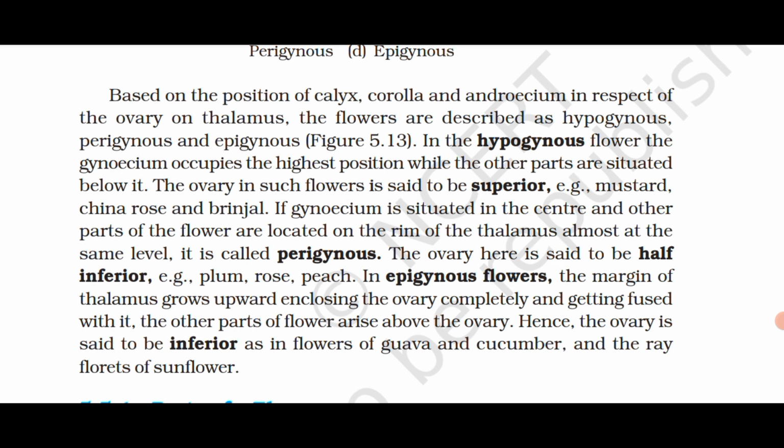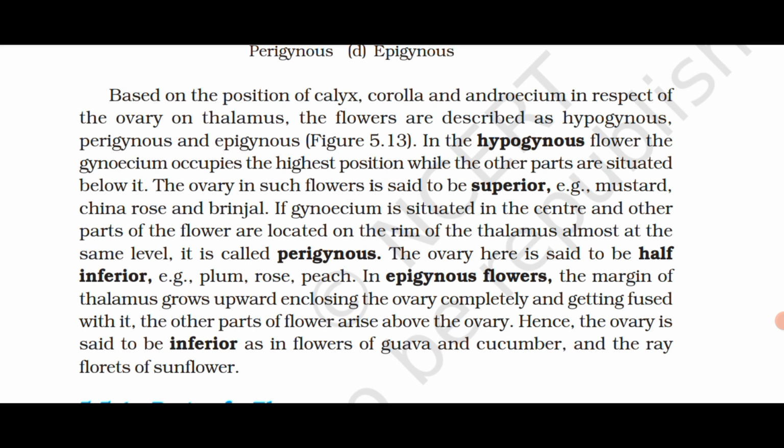If gynoecium is situated in the center and other parts of the flower are located on the rim of the thalamus almost at the same level, it is called perigynous. The ovary here is said to be half inferior, such as plum, rose, peach.